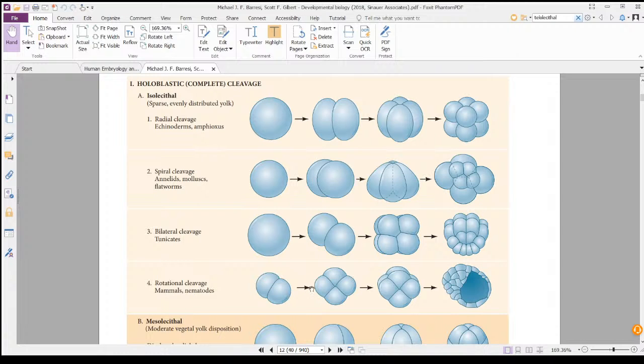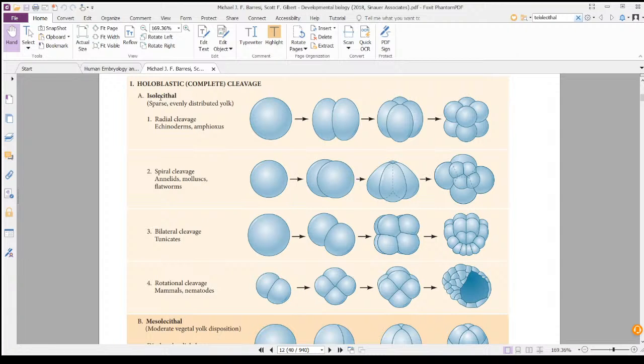This is how the cleavage happens in us. It is isolecithal because the yolk is evenly distributed and very little, since we have a placenta attached. So under holoblastic cleavage, you have isolecithal and mesolecithal type eggs.